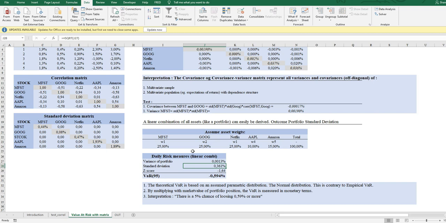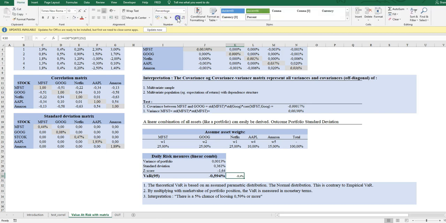I would then multiply it by the square root of 252, assuming 252 trading days a year. So an annualized risk measure for this portfolio would be this. So on an annualized basis, the value at risk is -9.5%. So there's a 5% chance on a yearly basis that this portfolio will lose 9.5% or more.